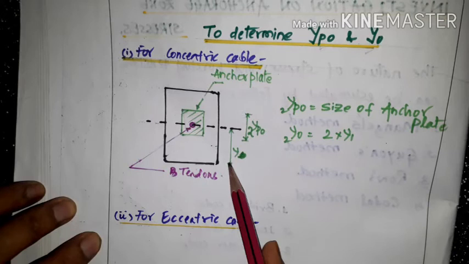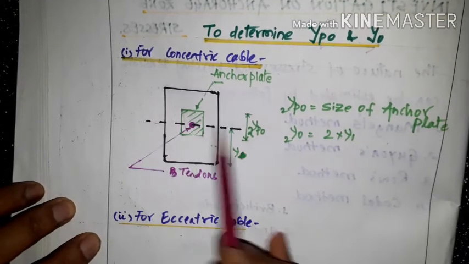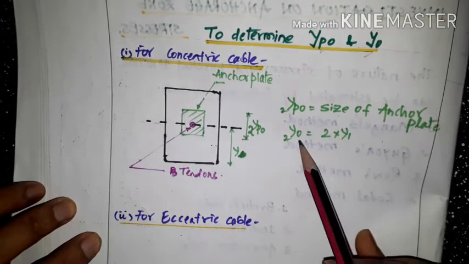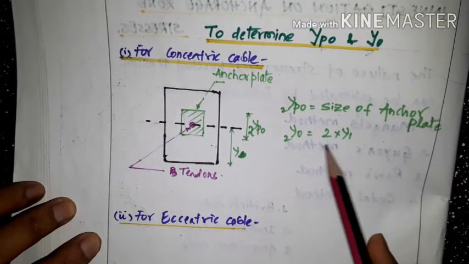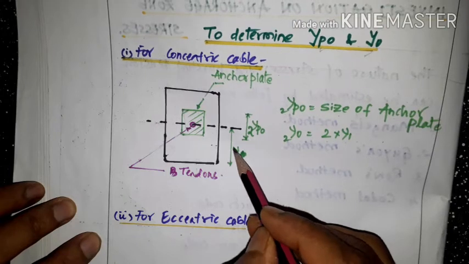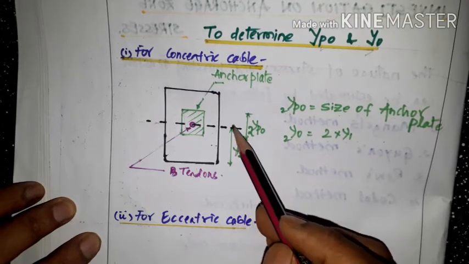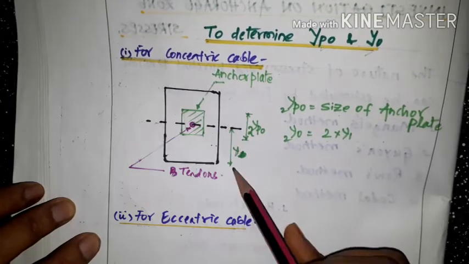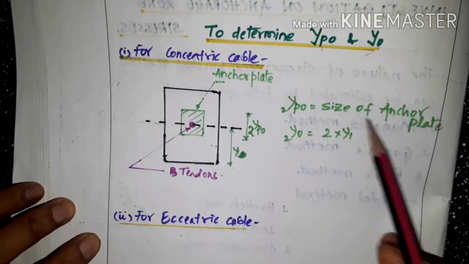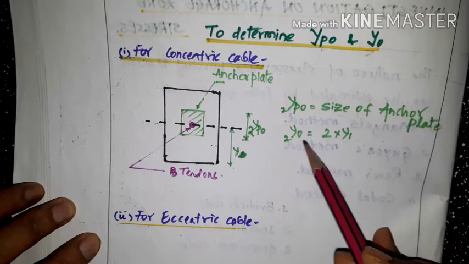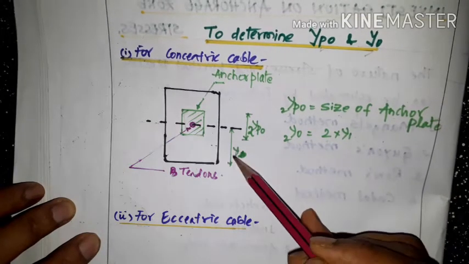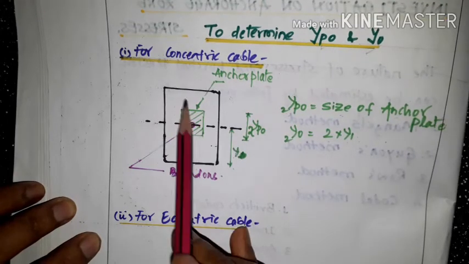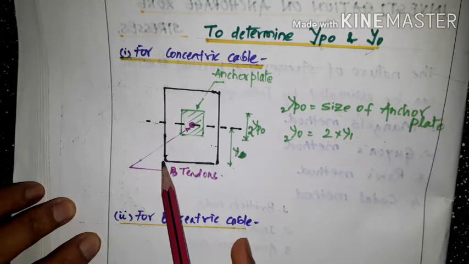If the cable is concentric, Ypo is the size of the anchor plate and Yo is 2 times Y1, which is nothing but the depth of the beam. Suppose the size of the beam is given as 200 mm by 300 mm.